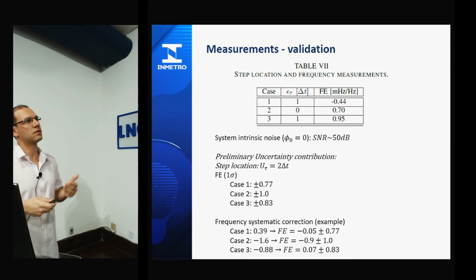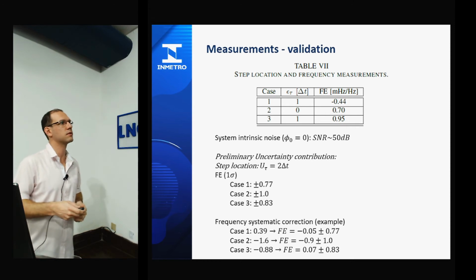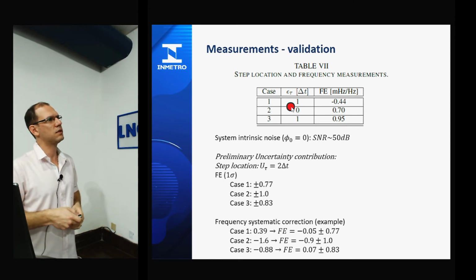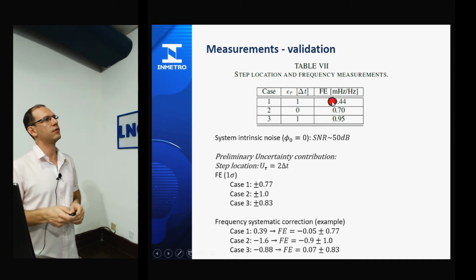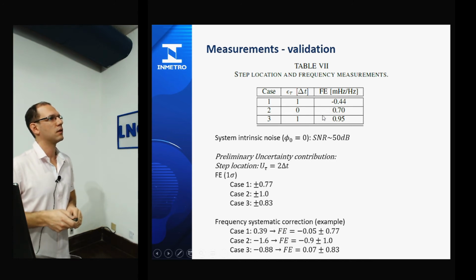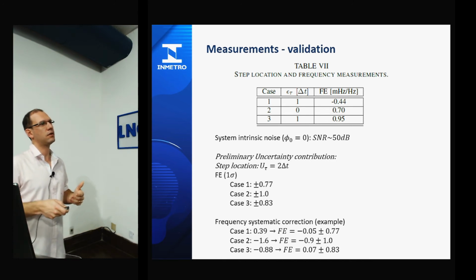So for cases 1, 2, and 3, the same cases presented in the simulations, we have these measurements for the step location and these measurements for the frequency. We have an estimation of the system intrinsic noise.